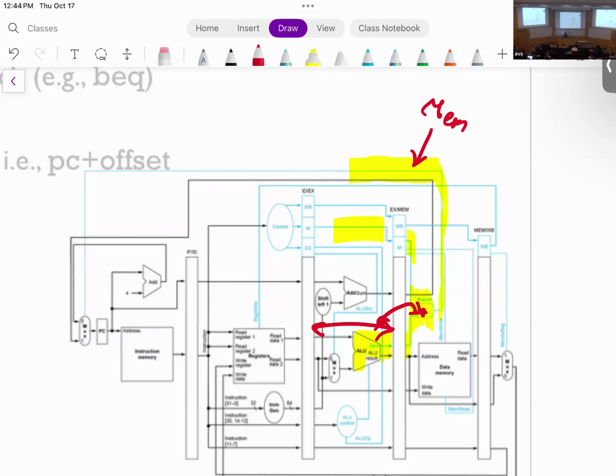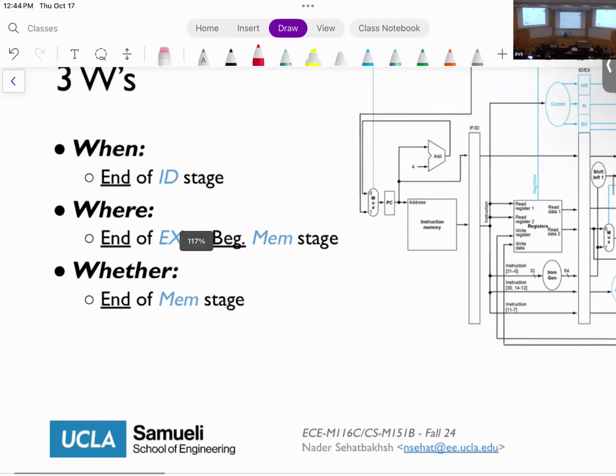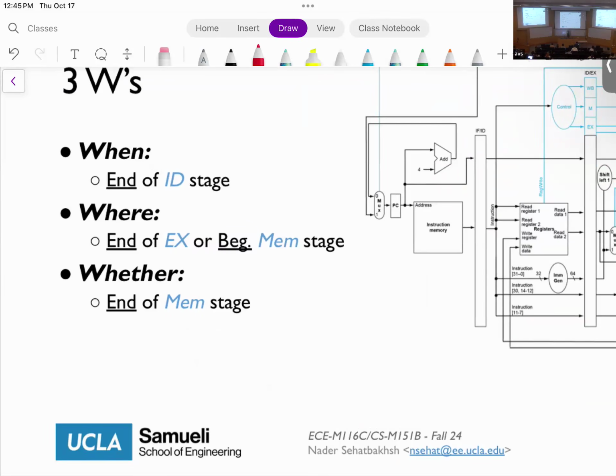Okay? So to answer all these questions, you will see that I know whether or not this is a branch at the end of the decode stage. I know where I'm going to branch at the end of the execution stage, in other words, at the beginning of the mem stage. And I know whether or not the branch is going to be taken somewhere in the middle of the memory stage, so at the end of the memory stage.